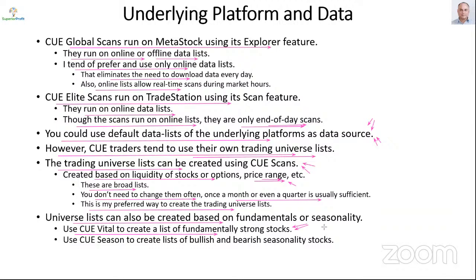If you are using fundamental first workflow, you may save them in Q Global or Q Elite if you are using technical first or bottom up workflow. So you may create lists using fundamentals as well. And if you are using seasonality a lot, you may use Q season to create lists of bullish and bearish seasonality stocks for the current or next month.